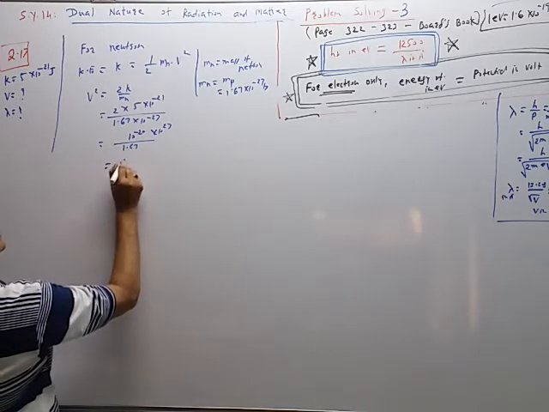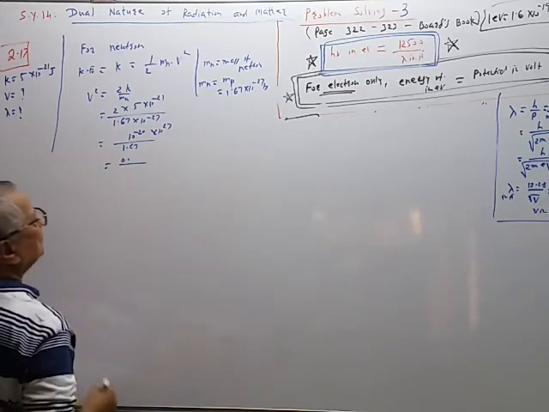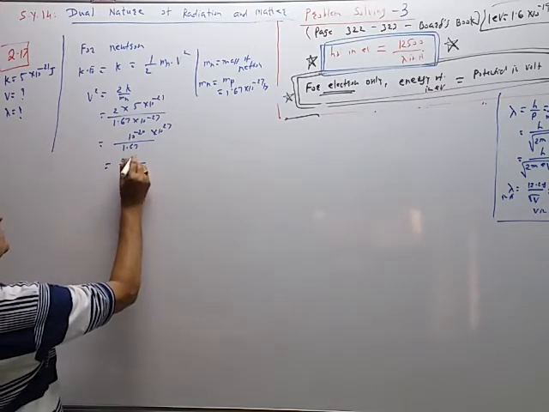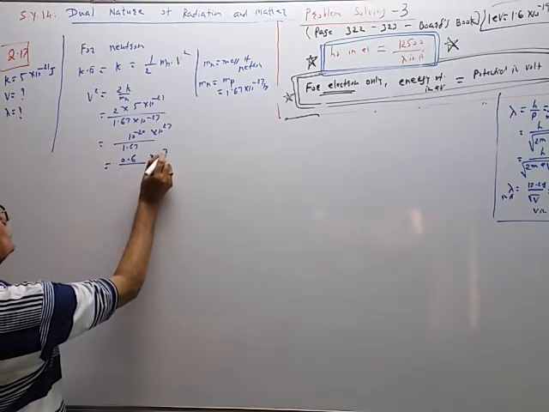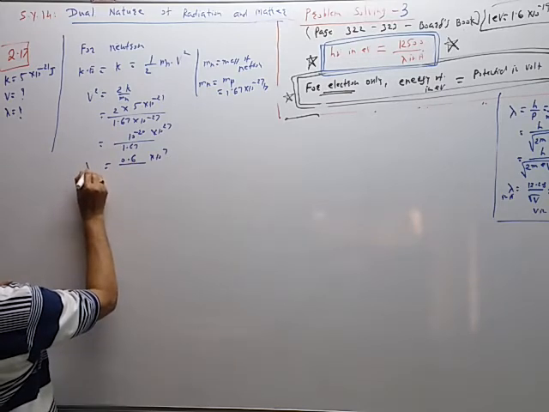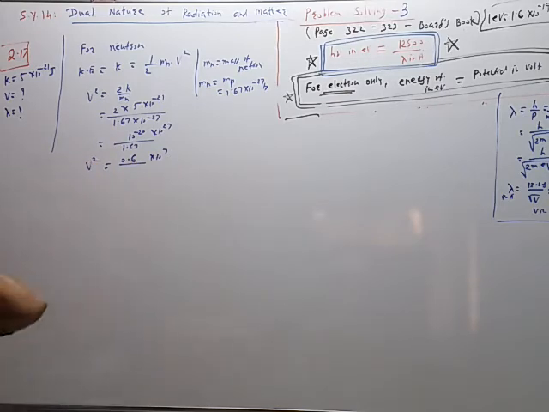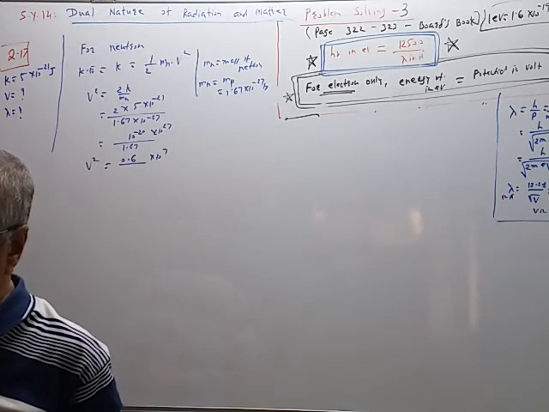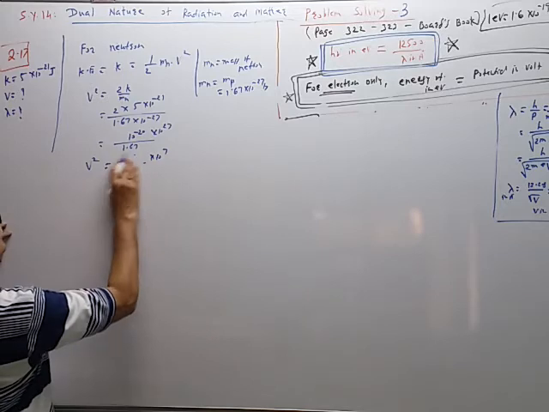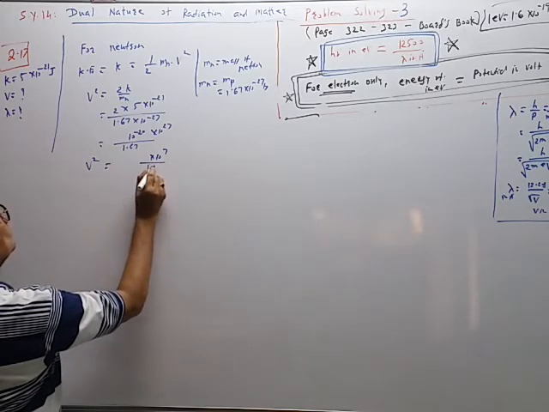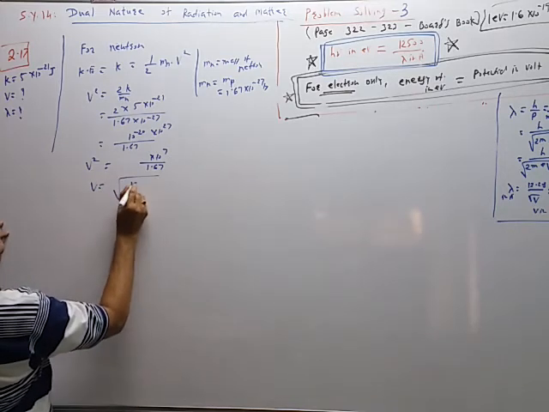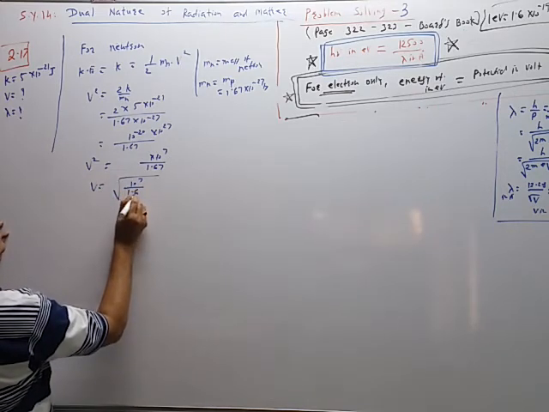The reciprocal of 1.67 is 0.6 something into 10 raised to 7. But this is the value of V square.